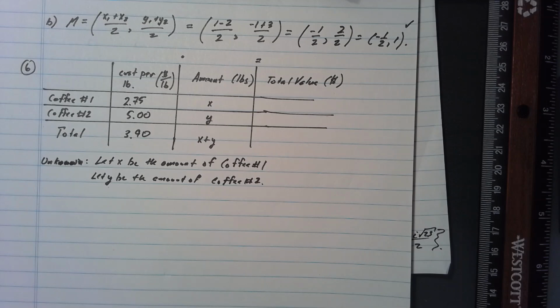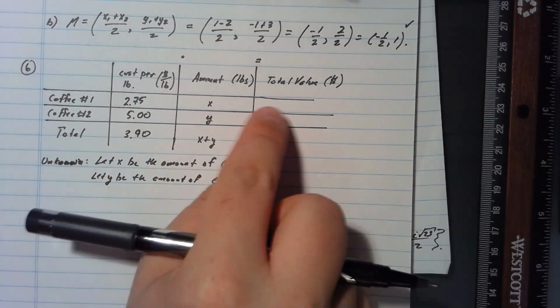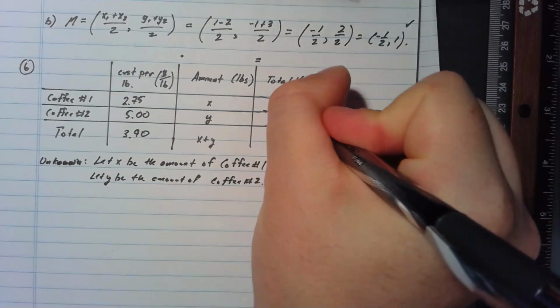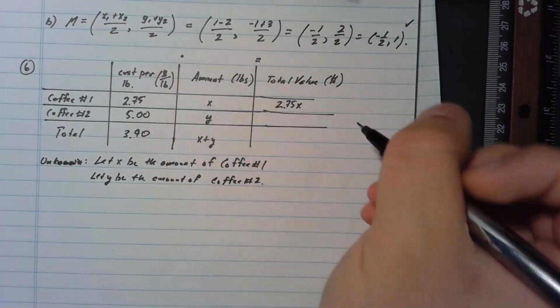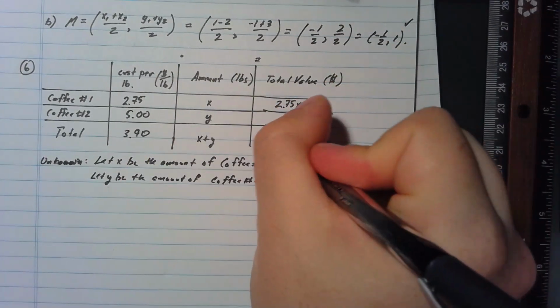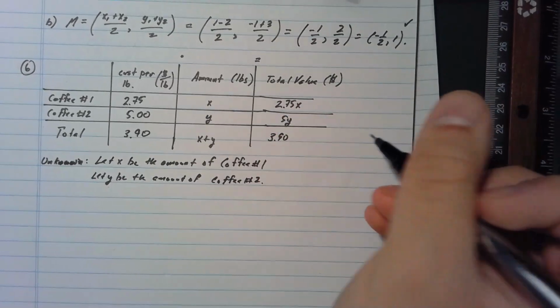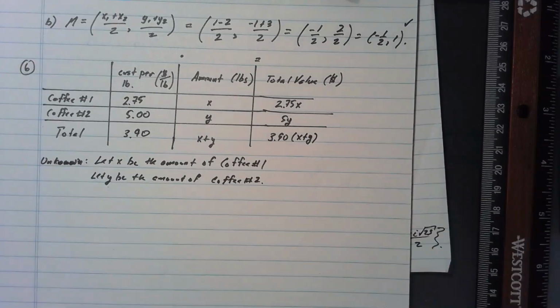So now what I want to do is find the total value equation. I'm going to take this times that to get 2.75x. 5 times y is going to be 5y, and that's going to equal 3.90 times the sum of x plus y.